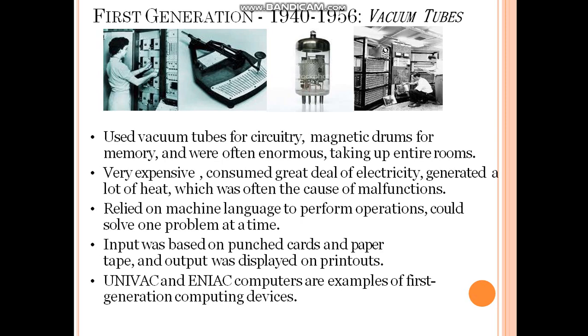Listen carefully, these are the vacuum tubes. It used vacuum tubes for circuitry, magnetic drums for memory, and were often enormous, taking up entire rooms. These are huge computers. Even they are fitted in the bigger halls.